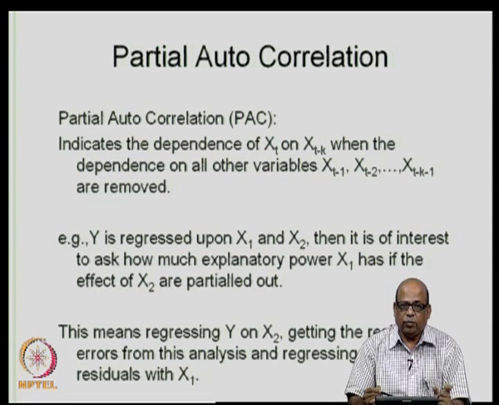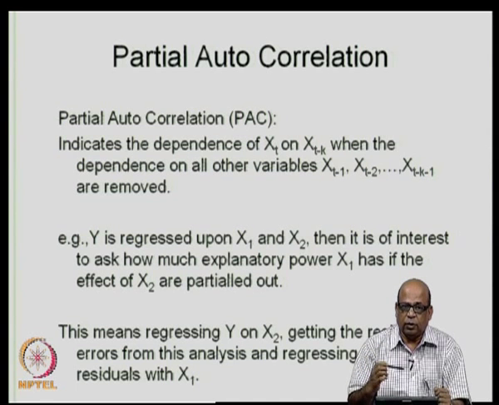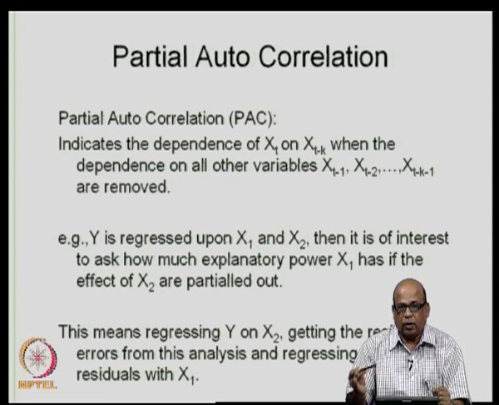The correlation between two variables indicates the linear dependence of one variable on the other. For example, if we say that rho 1 is equal to 0.6 between x and y, it indicates the degree of dependence of y on x.